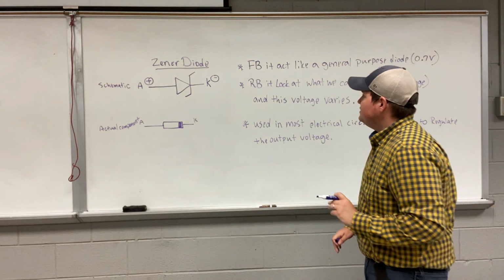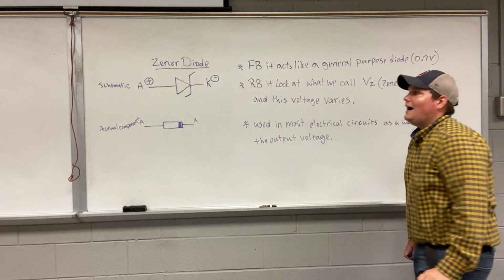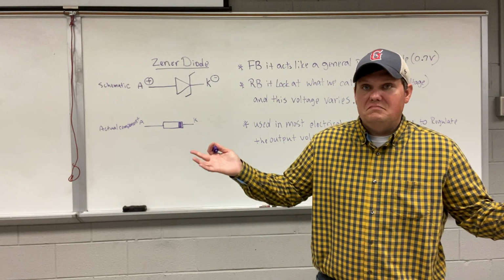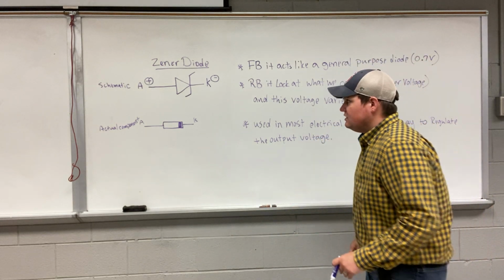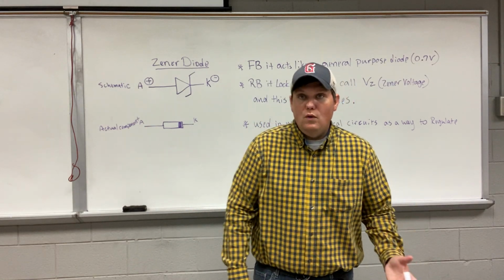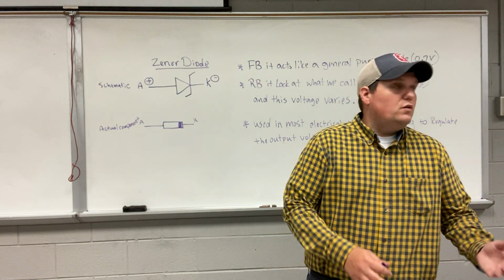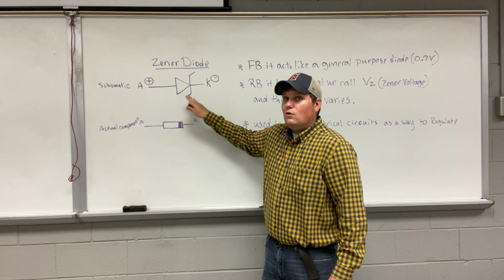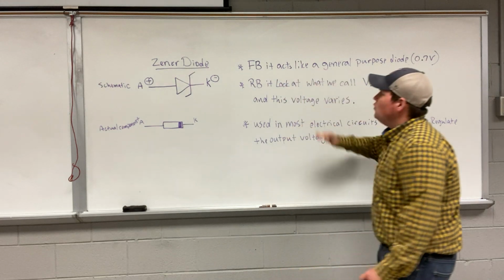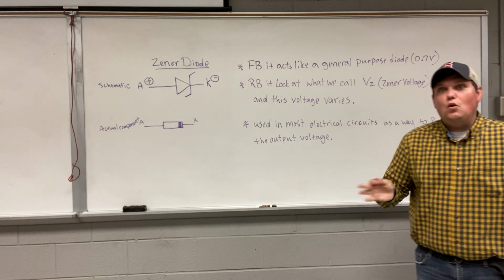When a Zener diode is forward biased, it's going to act just like a general purpose diode. Easy as that. So when the Zener is in forward bias, once it reaches 0.7 volts, it locks there and it starts conducting. In forward bias, you treat this just like we've been treating diodes. It acts like a general purpose diode, locks at your golden 0.7 volts number.